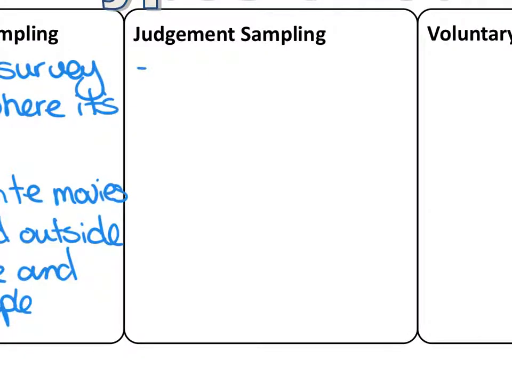Judgment sampling happens when you already know something about the population that you're going to be looking at.